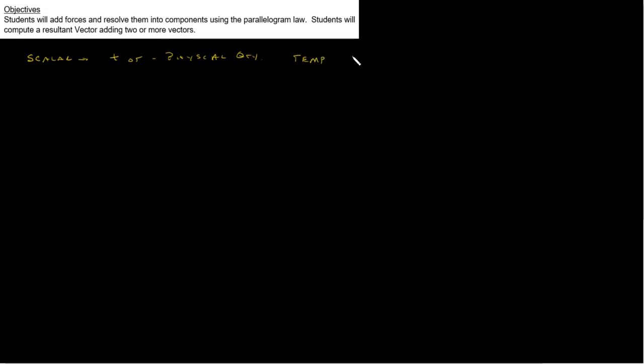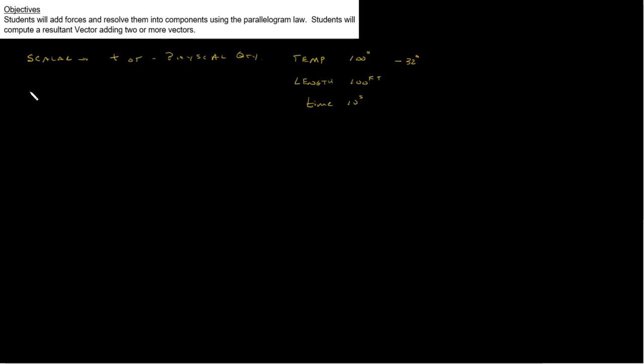In the summer here, it's 100 degrees, right? In the winter, we might, well, not here, but in Alaska, maybe we get down to negative 32 degrees. That's cold, right? Or we can look at length, 100 feet. Or you could look at time, 10 seconds. Those are all a physical quantity.